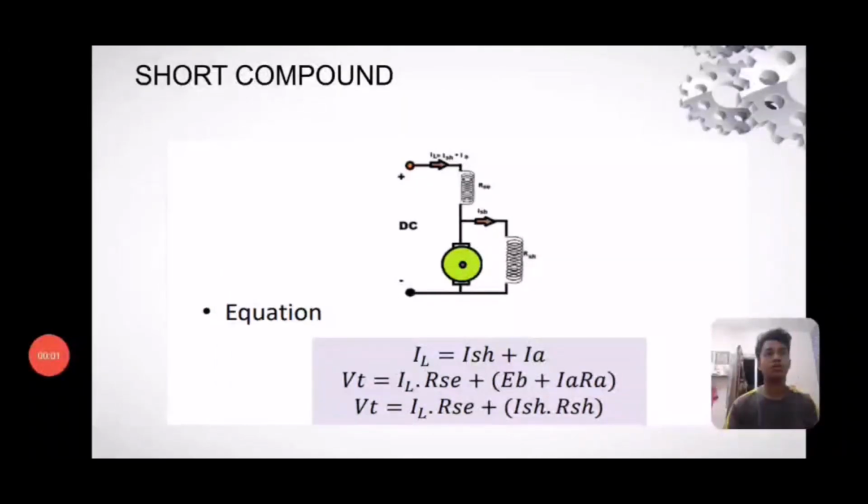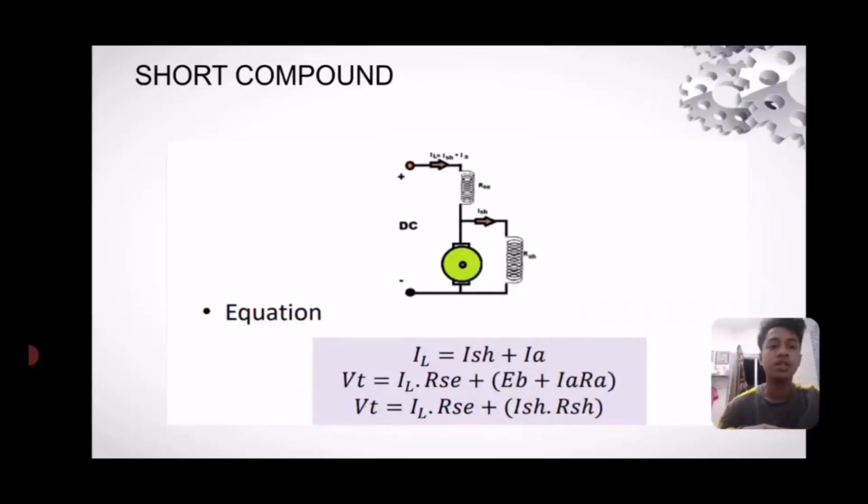Short compound. A short compound DC generator is one in which only the shunt field winding is in parallel with the armature winding. This is the equation for short compound. 1. Line current equals shunt current plus armature current. 2.